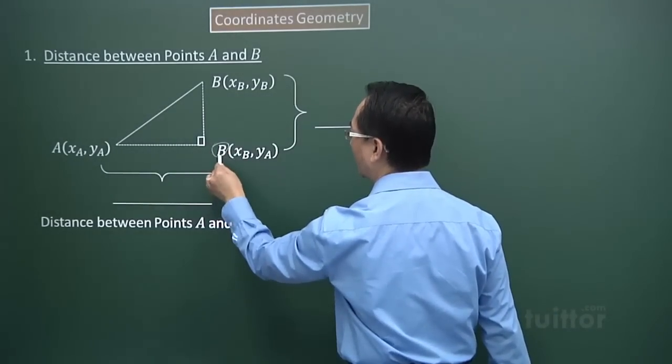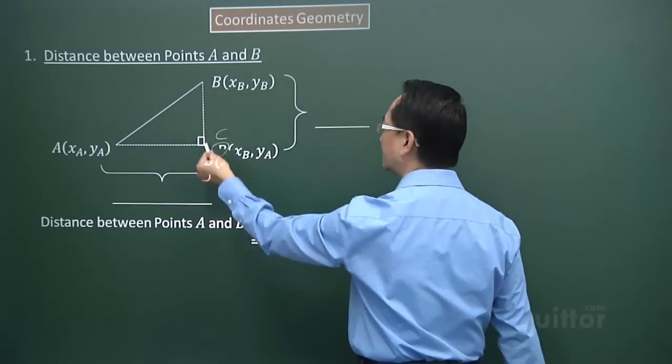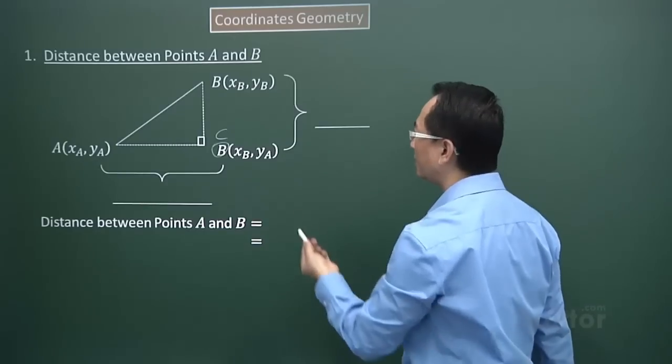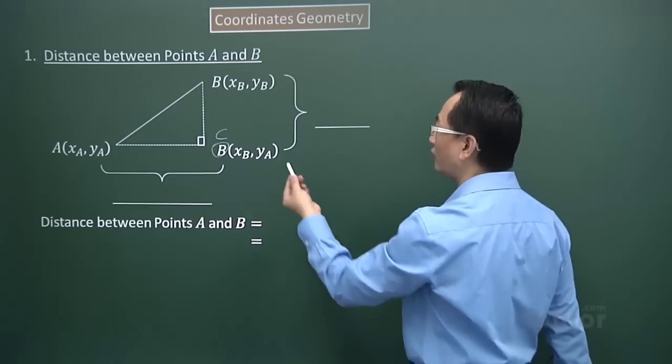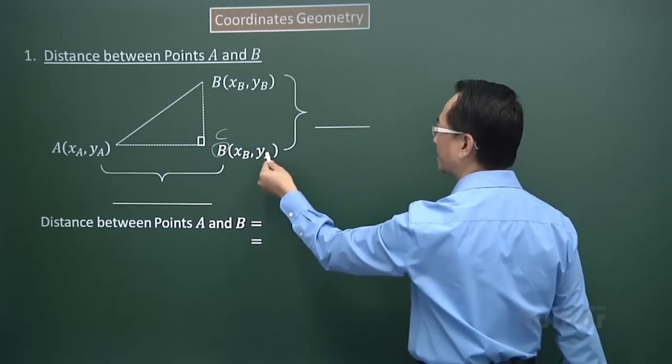By the way, I have to rename this point C. The vertical distance would have to be the difference of the two y values of the points.